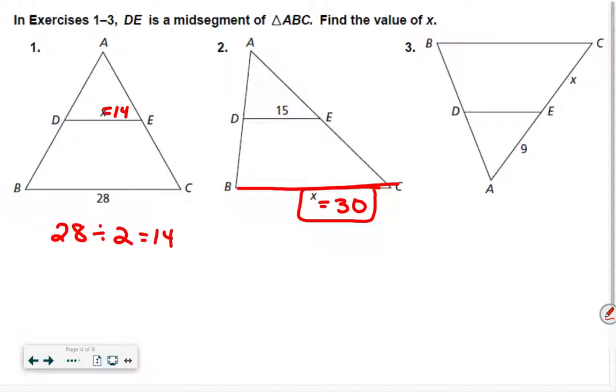Now, 3 is a little bit different because it's not asking about the mid-segment, but remember, mid-segments are created by connecting midpoints. That means E is a midpoint of that side of the triangle. So if E is directly in the middle of that side of the triangle, then Tarek, how long would E to C be? 21. Hilarious.